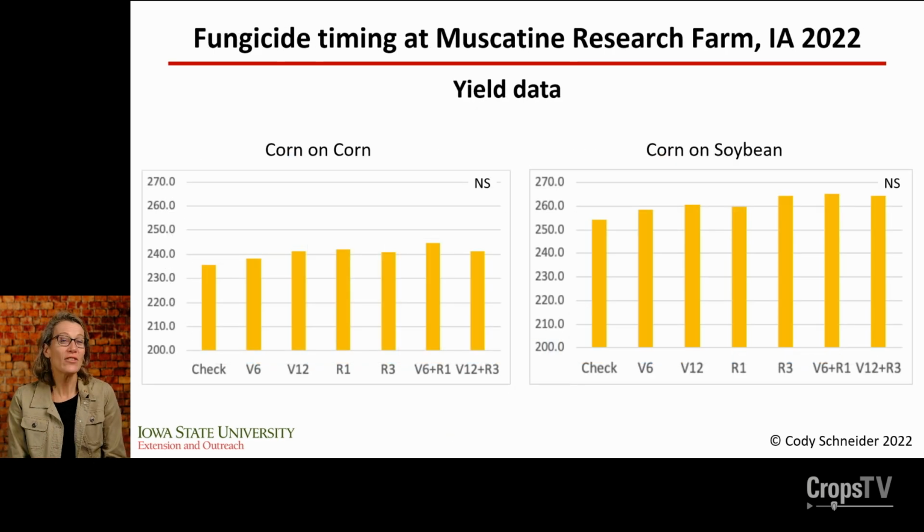If we look at the yield data, Cody and I were a little bit disappointed about this because we didn't detect any effect of treatment on yield. So there were no statistical differences between the yields. But I think you can clearly see that applying the fungicide, we did get greater yields.